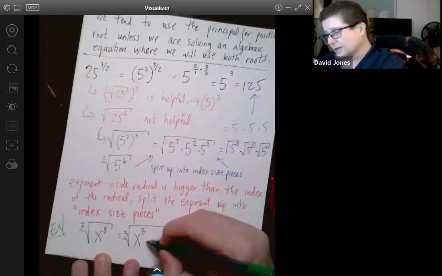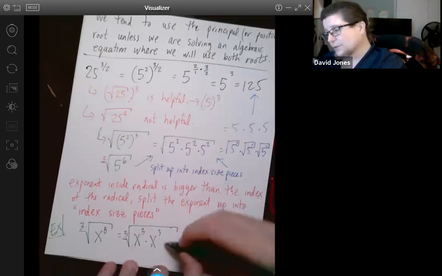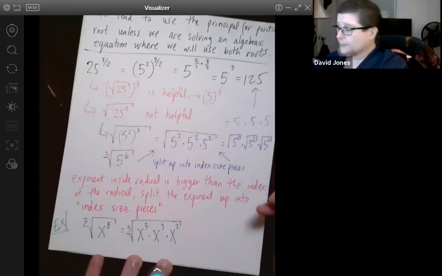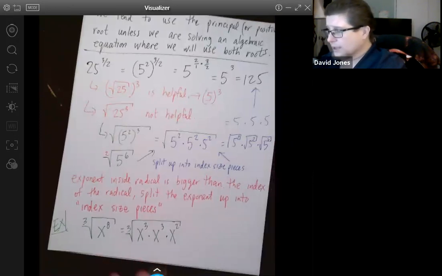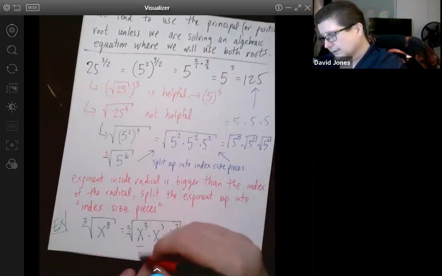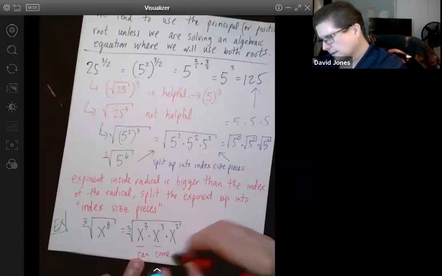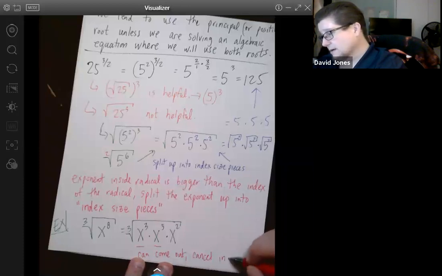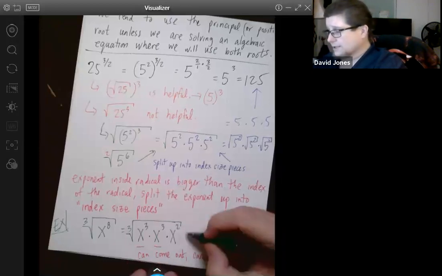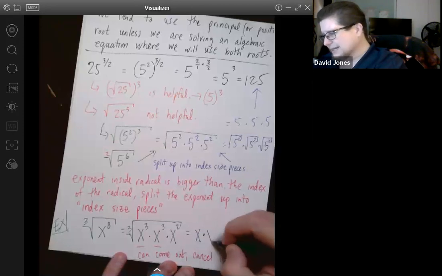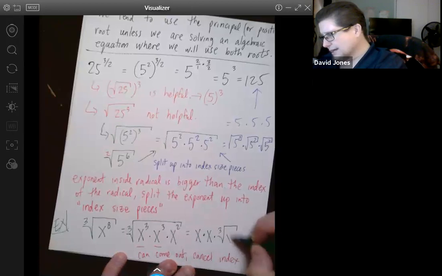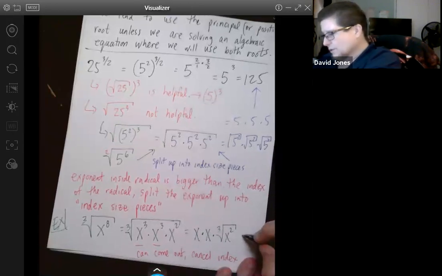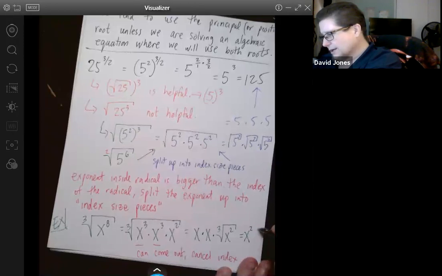And I do another one, I've got x squared left. These ones can come out completely, and they cancel the index. So I pull those out. I've got x times the cube root, and x squared, there's nothing I can do with. So I would write this as x squared times the cube root of x.